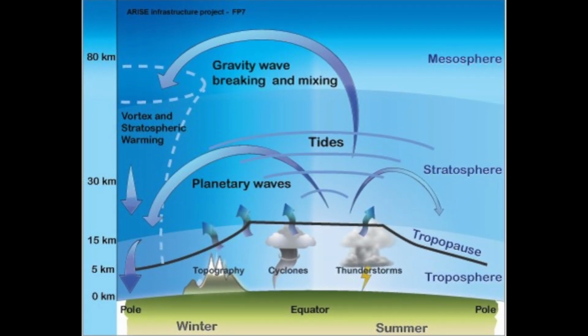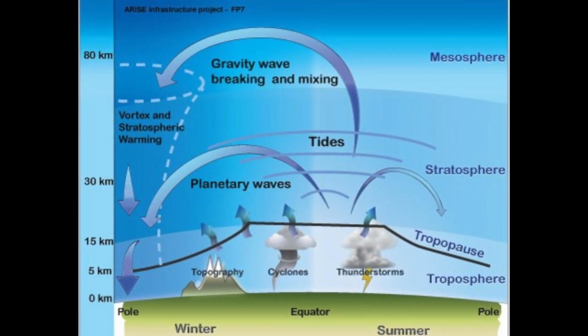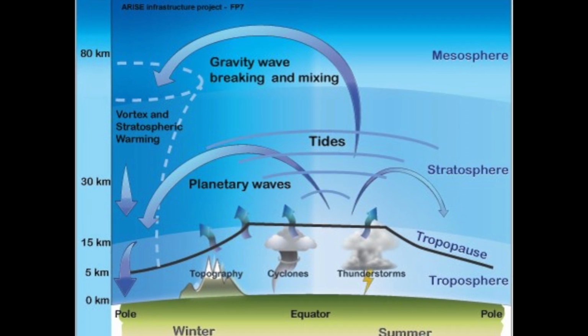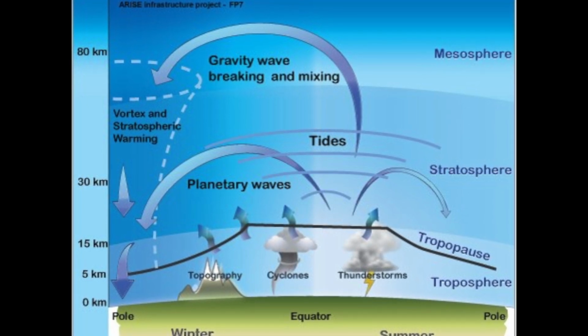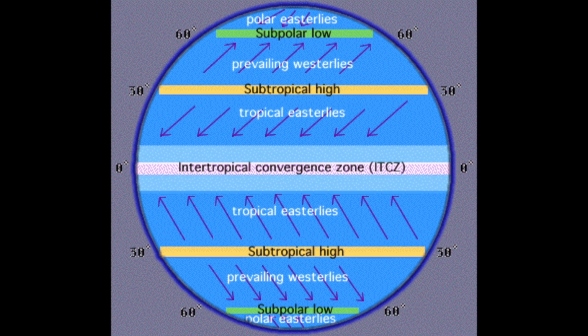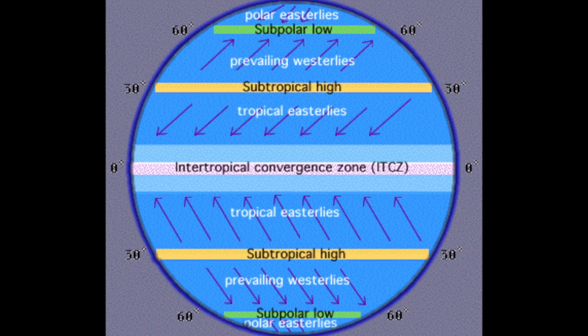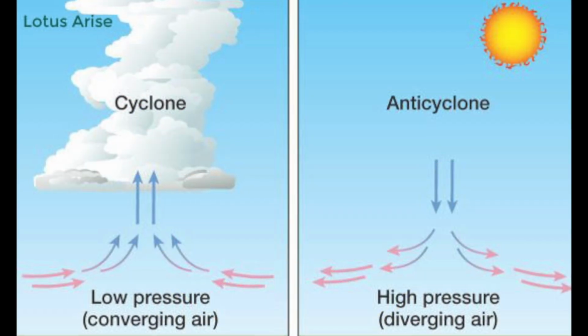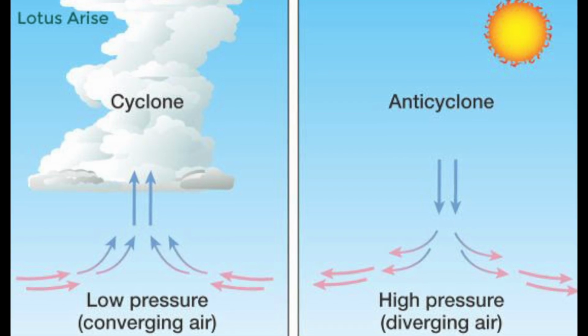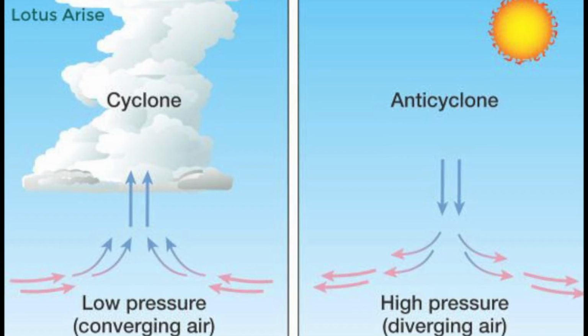As per the three-cell model of the meridional circulation, there should be an active meridional flow between the subtropical high pressure and the subpolar low pressure belts, but the real meridional circulation is weak and is interrupted by frequent anticyclones and cyclones. The general surface zonal circulation is from west to east, but there are a lot of variations in both directions and velocities.